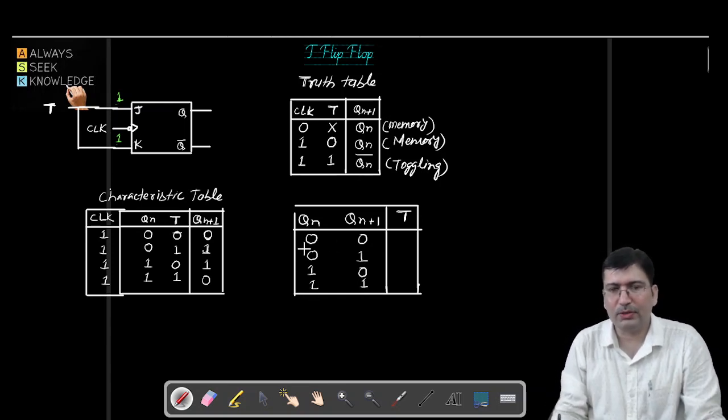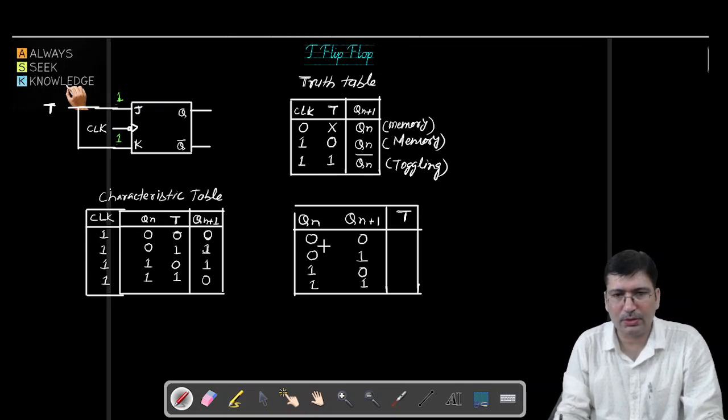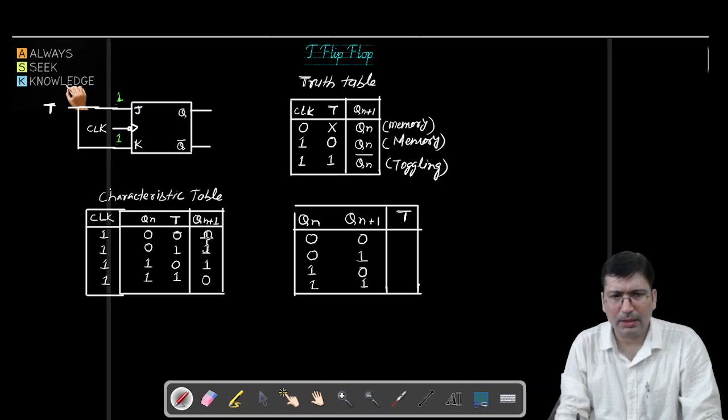So when you have these 4 combinations, for 0 0, when the value of Qn is 0 and Qn plus 1 is also 0, the T is 0 only. When Qn is 0 and Qn plus 1 is 1, there is only one case here, 0 1, so the T will get value 1.